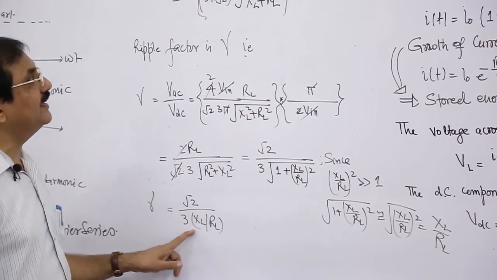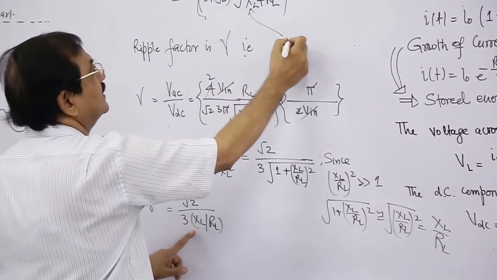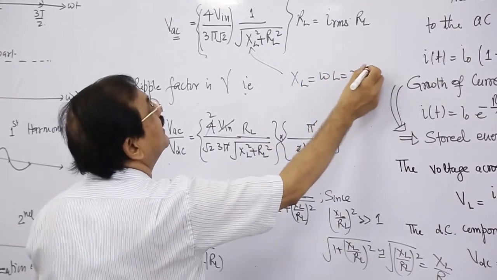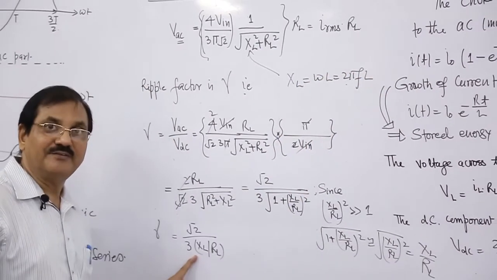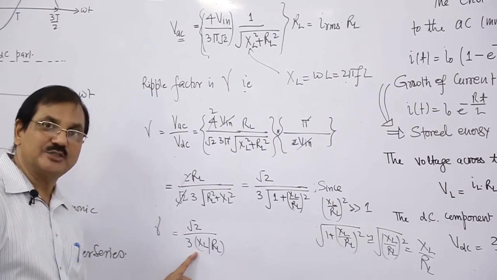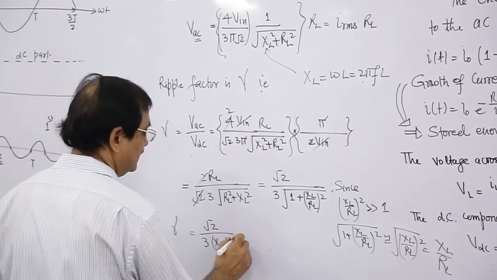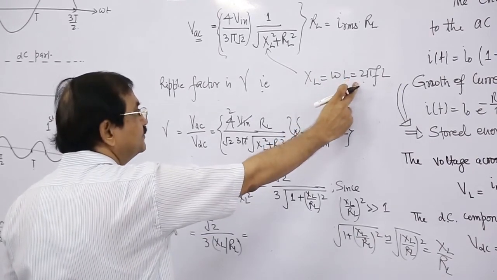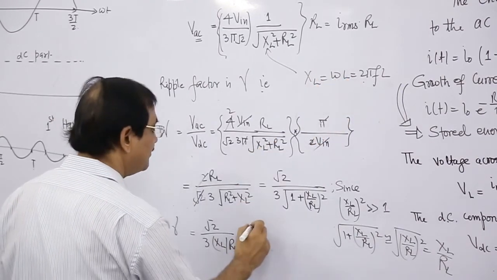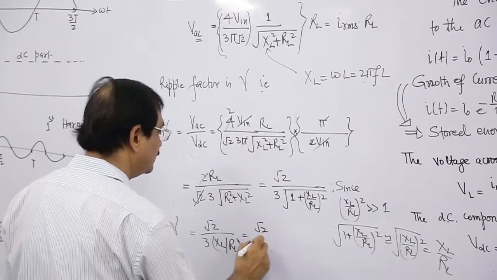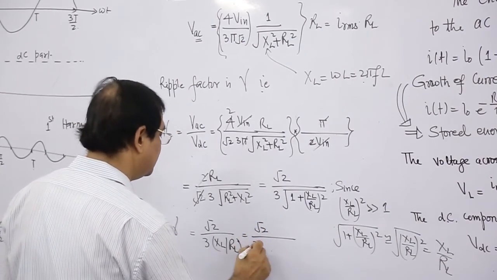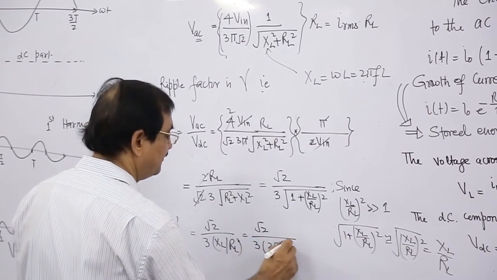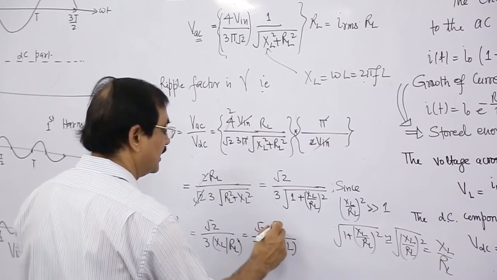Now this XL factor is nothing but omega L, that is 2 pi FL, the impedance of this inductor circuit. If you substitute this value of XL, we have under root 2 upon 3 XL, meaning 2 pi FL into RL.